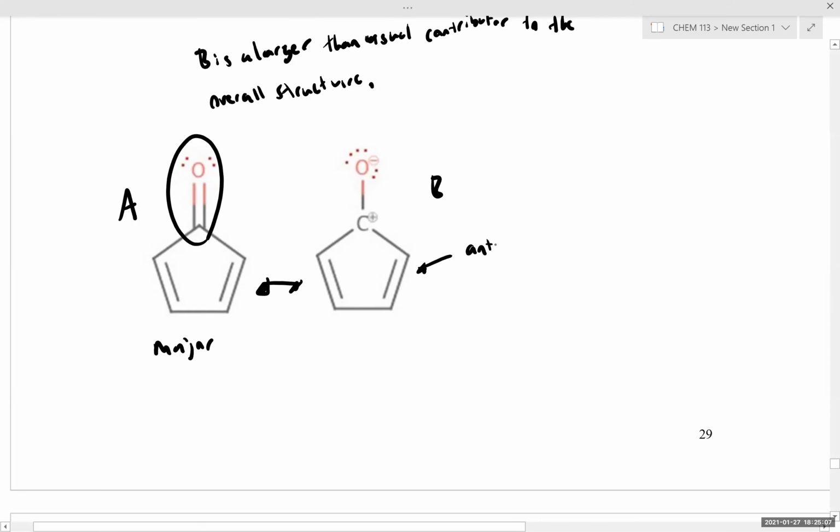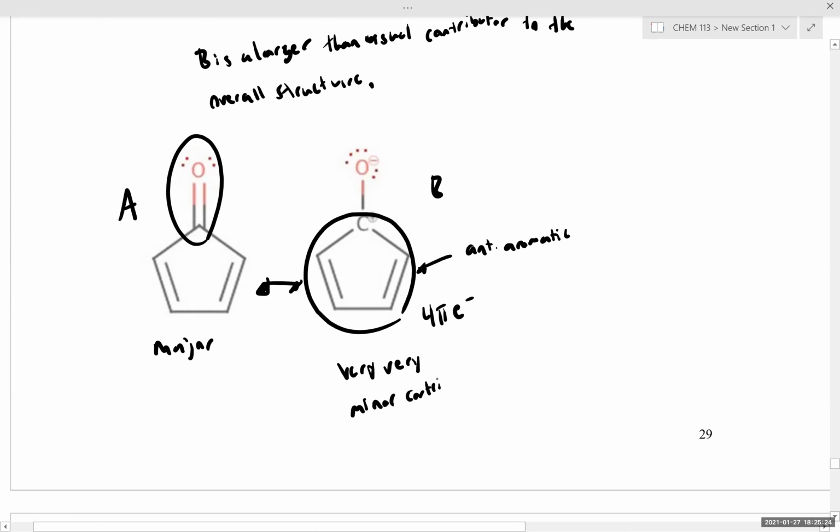Yes, anti-aromatic, right? In this structure, for this ring here, we have 4 pi electrons. As a result, this resonance structure B is a very, very minor contributor. And as a result, if we looked at this carbon-oxygen double bond, this carbon here would not be very electrophilic.